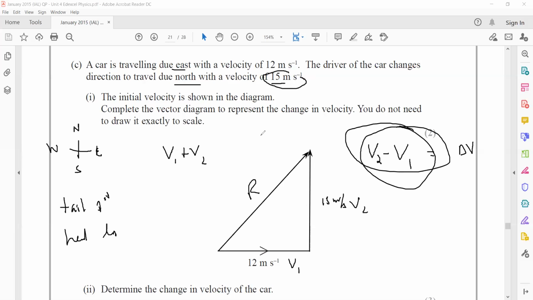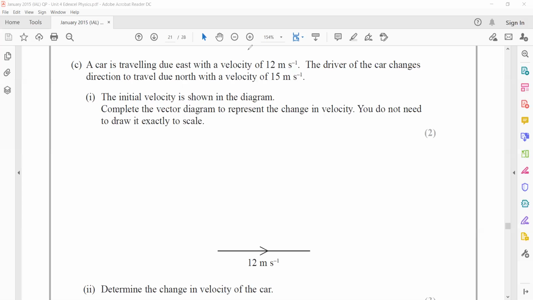The idea of the vector addition rule is that the resultant is always from the tail of the first to the head of the last. So if we need V2 minus V1, or change in velocity, it means that V2 is added to minus V1, and that will give us the change in velocity.